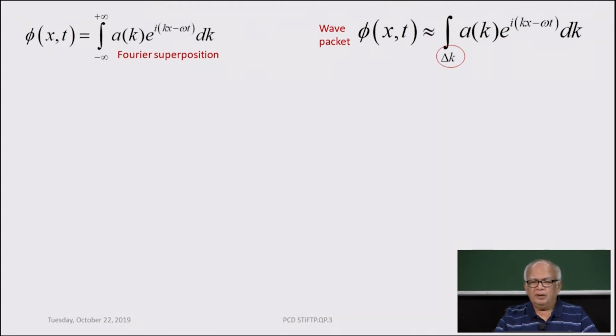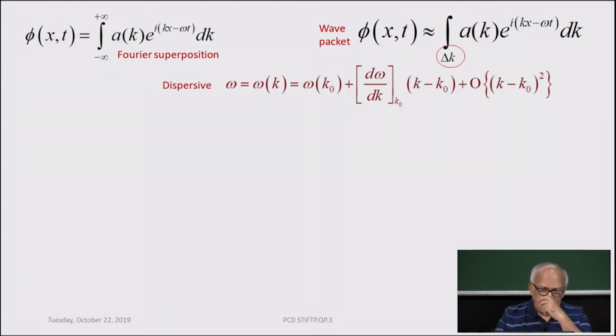But typically you would want to work with wave packets in which there are a few momentum states, spread over a momentum range of delta k, in units of h cross, where h cross k is the momentum. You may have even in vacuum a dispersion, and you can write it if you like as an infinite series, but even if you take a few terms you can get the physics out.